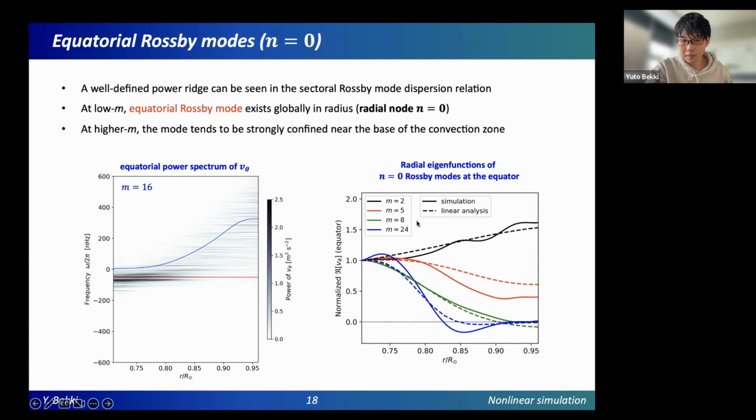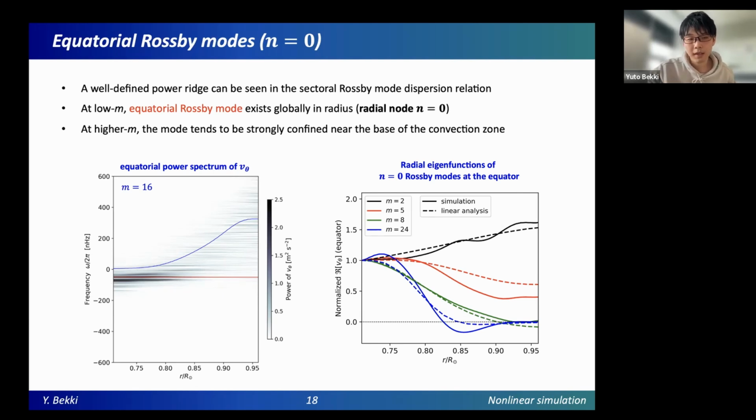So if I plot the radial profile of the eigenfunction for different m's, it shows that for a lower m, the radial dependence is like an increasing function in radius, but at higher and higher m, it switches to a decreasing function in radius. And this trend is well expected from the linear theory, as I explained earlier.